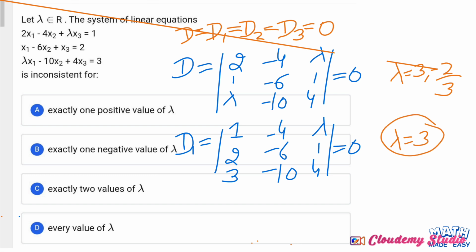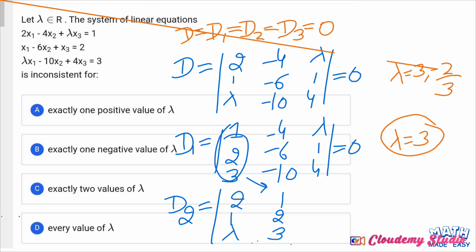Now d2 is 2 1 lambda and 1 2 3. Now this row has reached here. This is lambda 1 4. So on expanding it is again lambda equals 3.